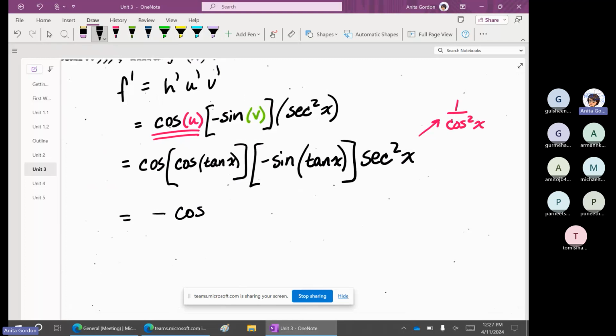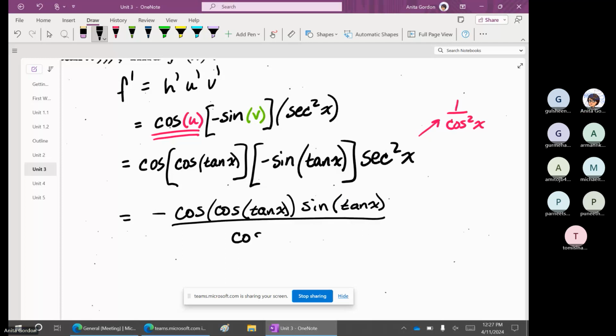This is cos of tan multiplied by sine of tan all over cos squared X. Yes, sign should be negative. Yeah, I put it out front.